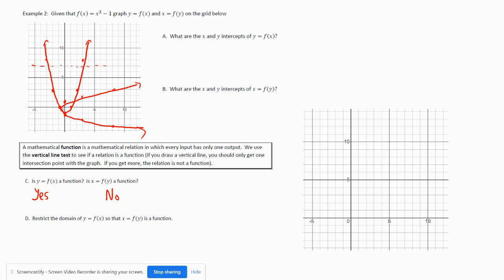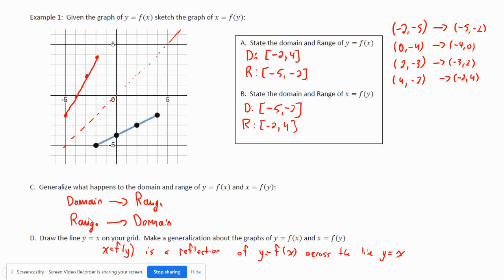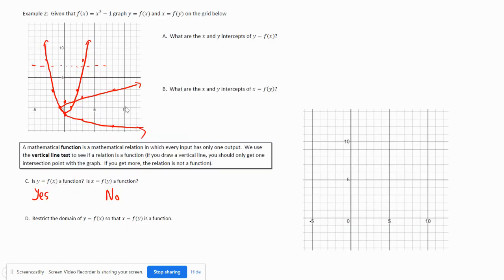So when they say restrict the domain of y equals f of x, what it means is we want to make y equals f of x pass the horizontal line test. And the reason we're saying that, so the horizontal line test.